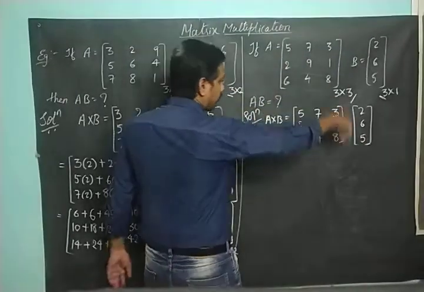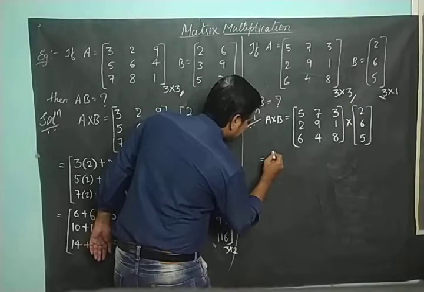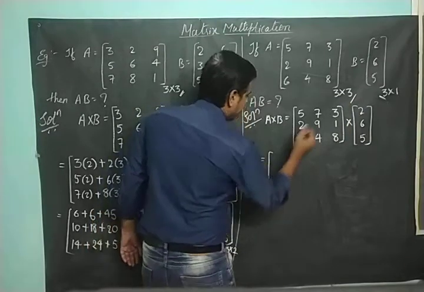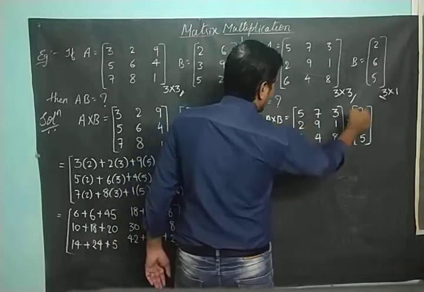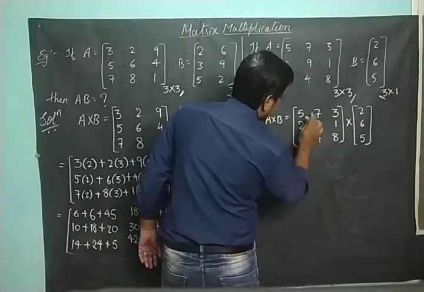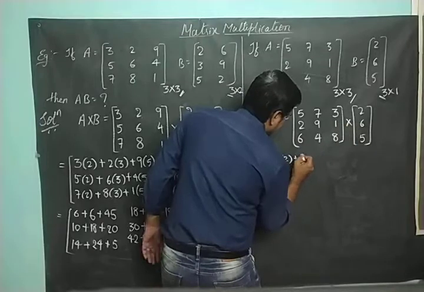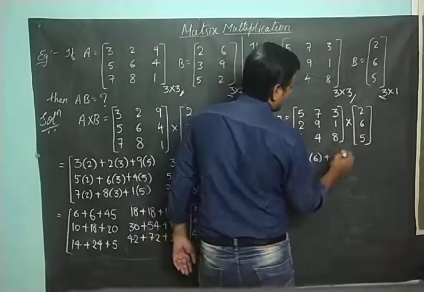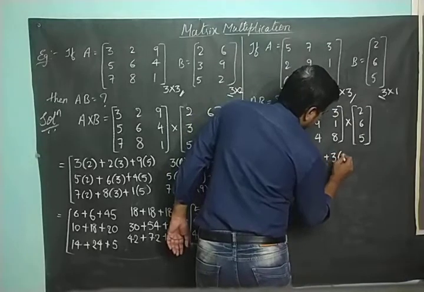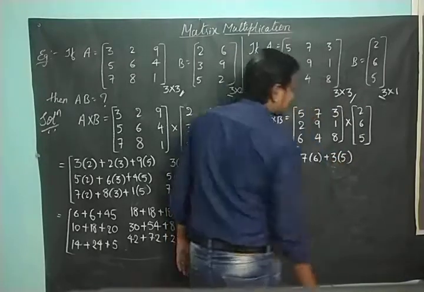So first row with the column, what we get? 5 into 2, 5 multiplied with 2, plus 7 multiplied with 6, plus 3 multiplied with 5.